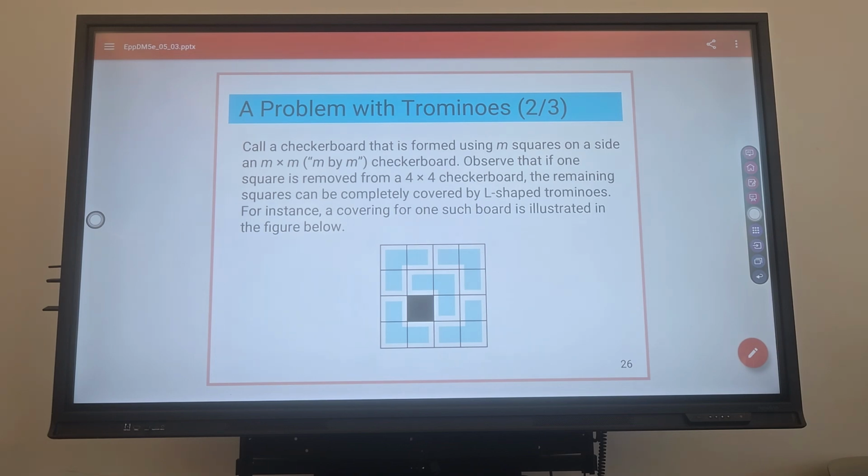Call a checkerboard that is formed by using m squares on a side an m by m checkerboard. Observe that if one square is removed from a 4x4 checkerboard, the remaining squares can be completely covered by L-shaped trominos. For instance, a covering for one such board is illustrated here.